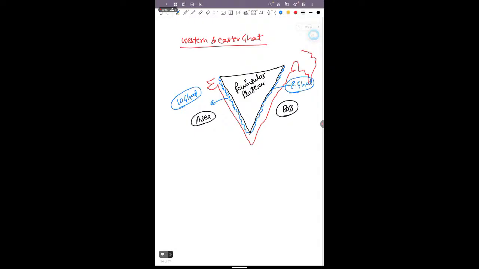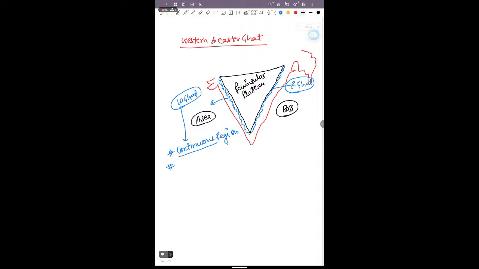If we talk about the Western Ghats, it is a continuous region. Why is it a continuous region? Because there is a small number of west flowing rivers, and they are short lived and mostly seasonal rivers.